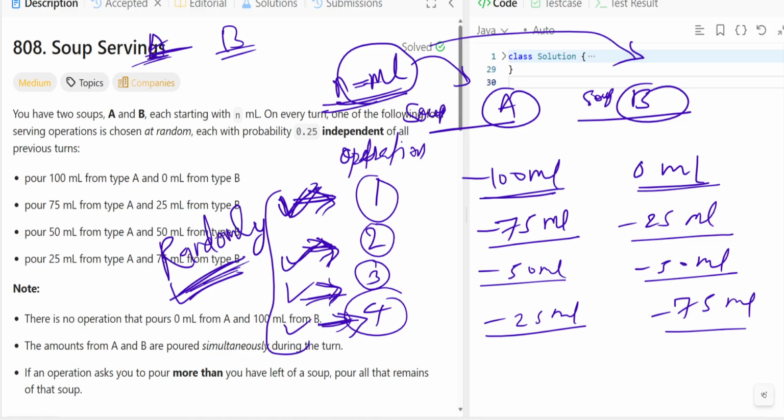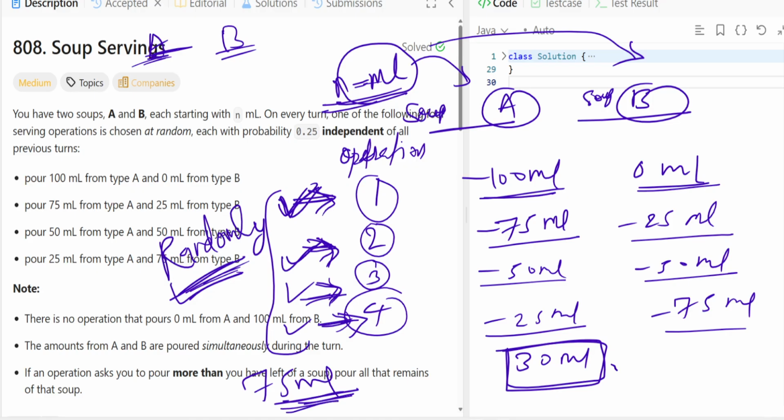Let's suppose only 30 ml is left for A and you are asked to pour 75 ml. Then you have to pour all of it.